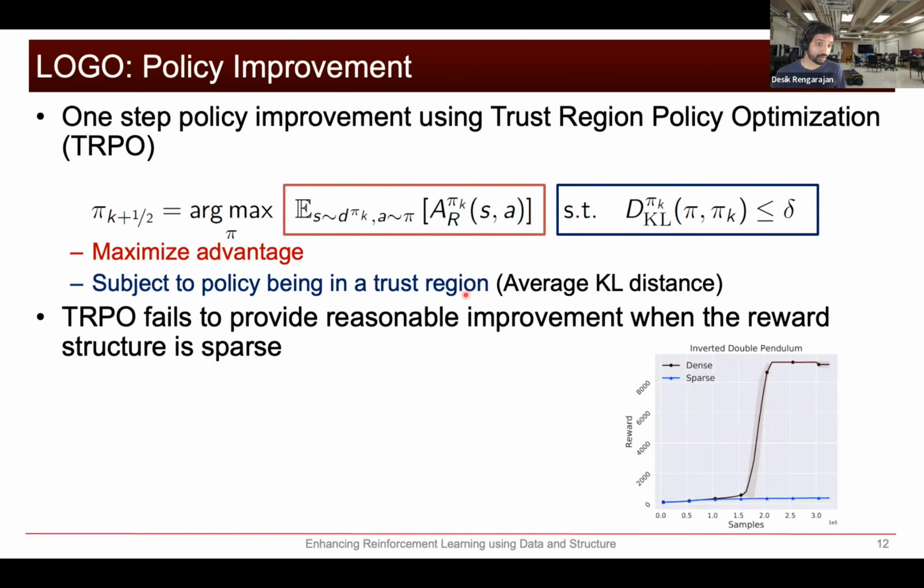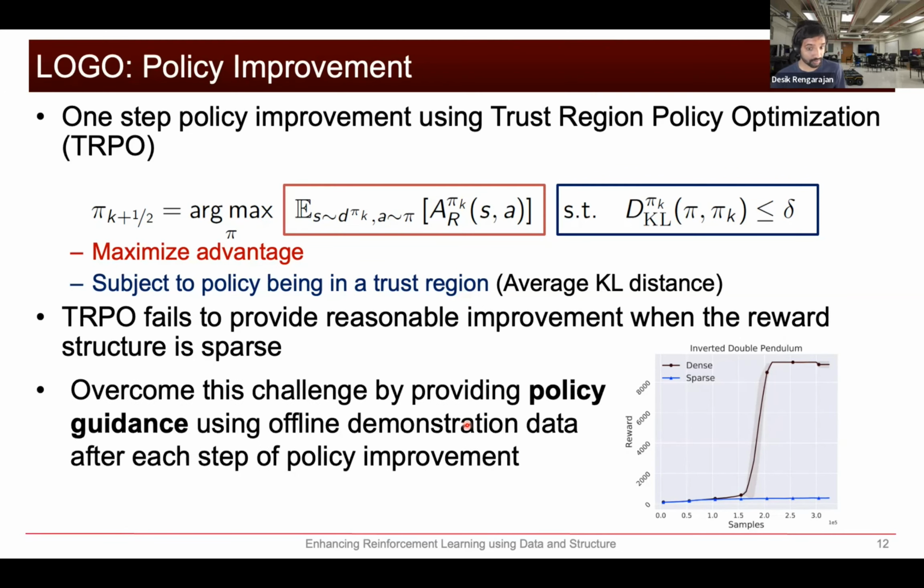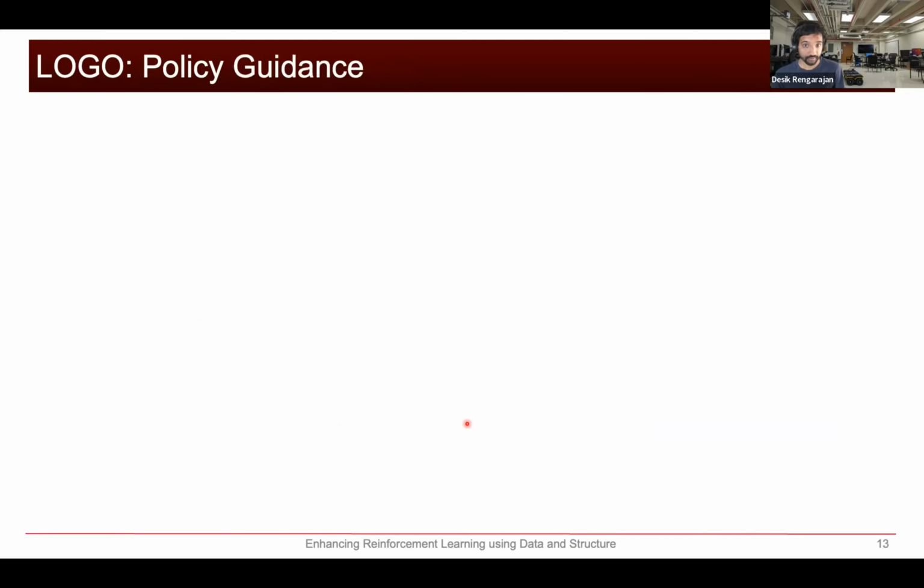So you're not really maximizing over anything, your gradients will be 0, and your policies are not going to change. To overcome this challenge, we use the policy guidance step after every step of policy improvement to guide the policy towards the behavior policy. So what does the policy guidance step look like?